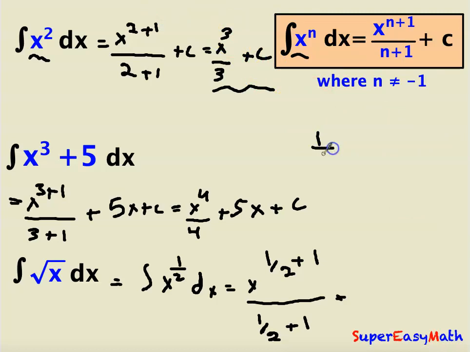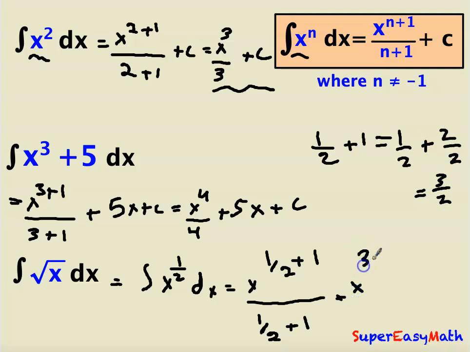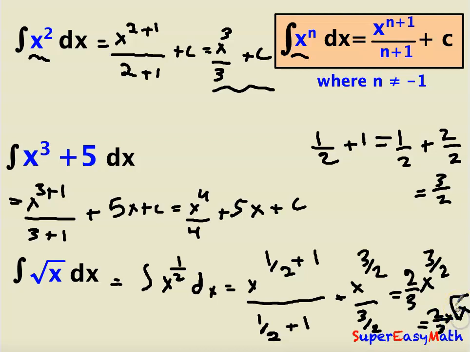One over 2 plus 1 is equal to 3 over 2, so it's x to power 3 over 2 divided by 3 over 2, so it's 2 over 3 and x to power 3 over 2. X to power 3 over 2 is the same as x radical x, so it's 2 over 3 x radical x.